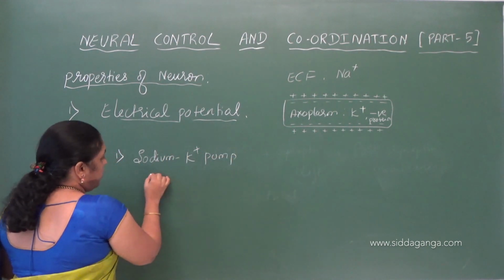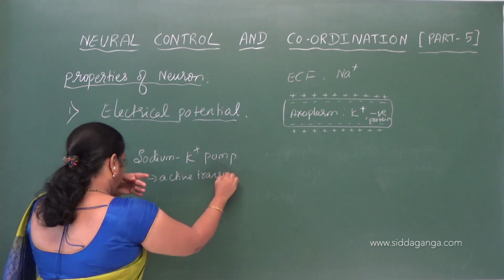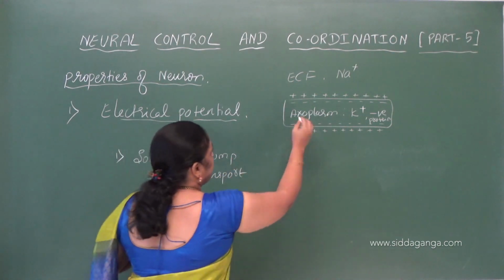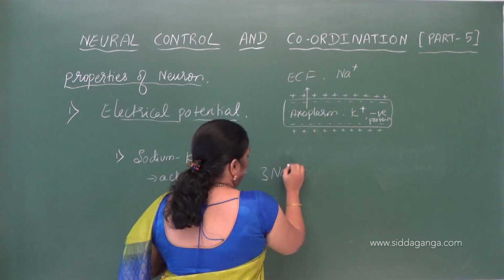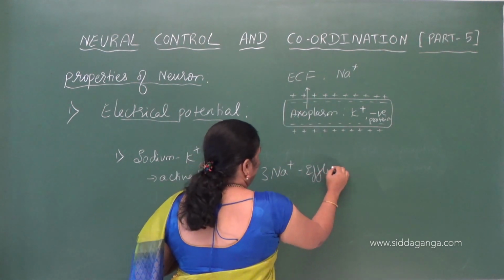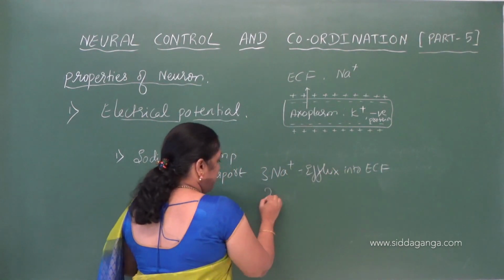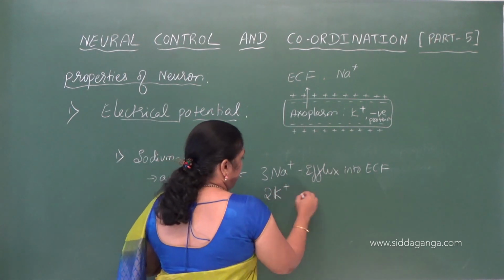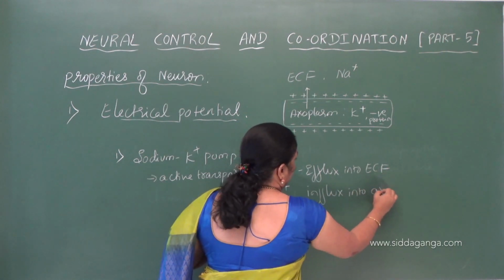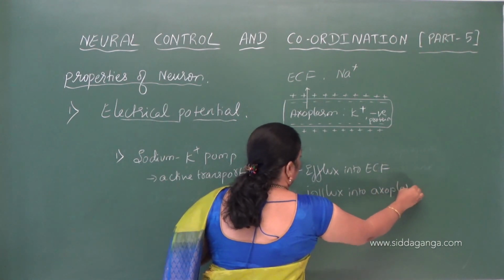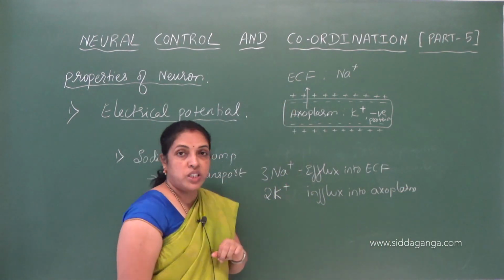It is an active transport which allows efflux of 3 sodium ions into the extracellular fluid from the axoplasm and influx of 2 potassium ions into the axoplasm. So this again helps to maintain positive charges outside and negative charges inside.